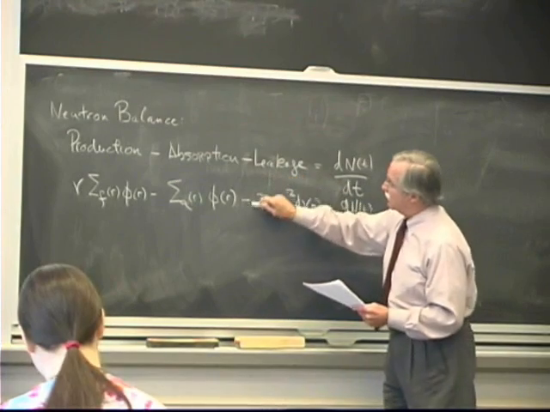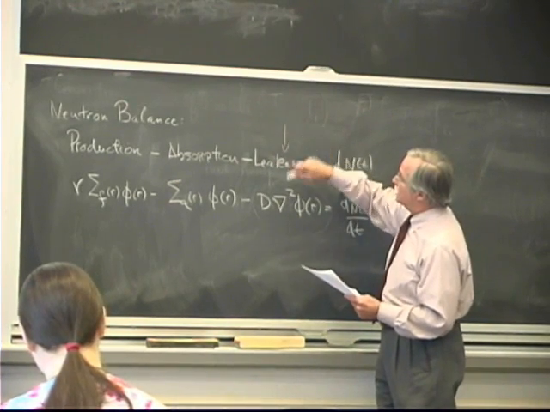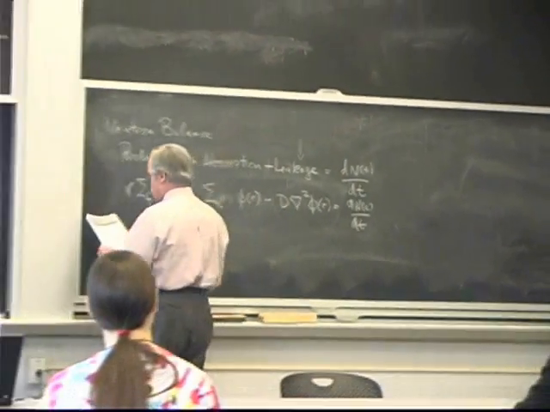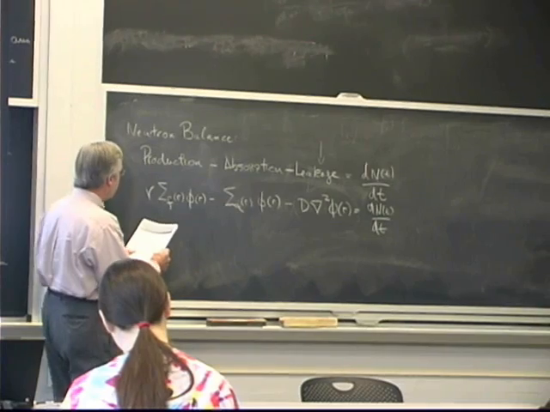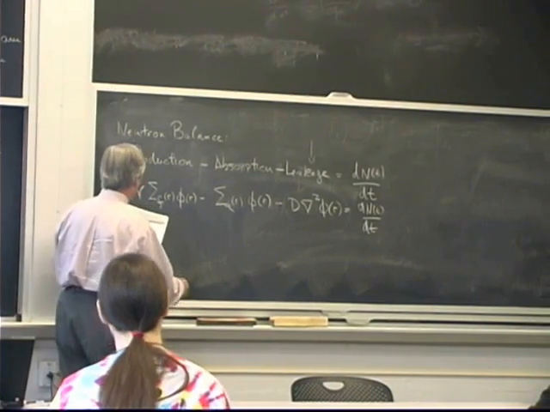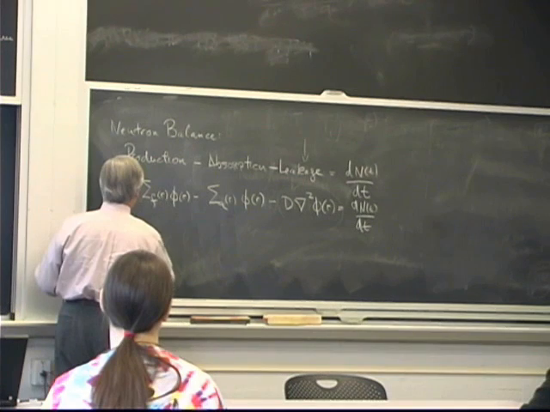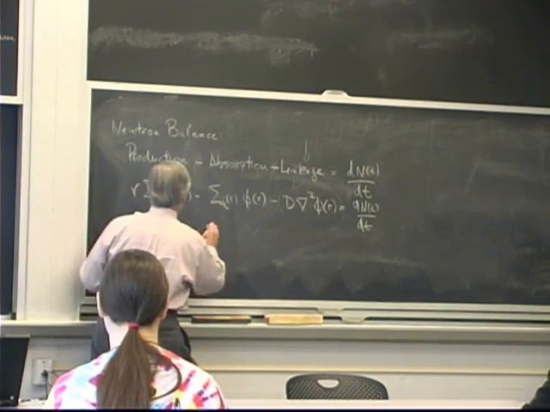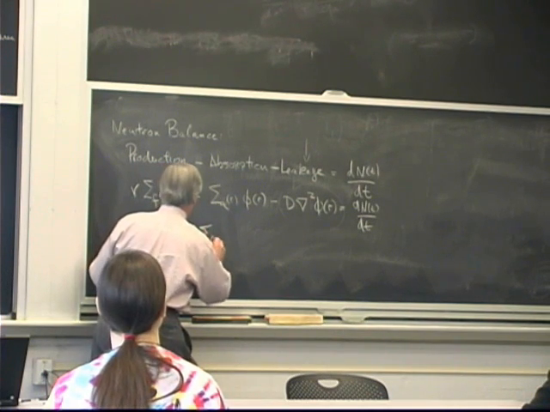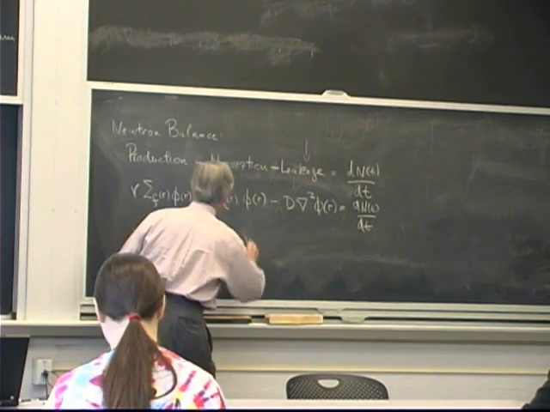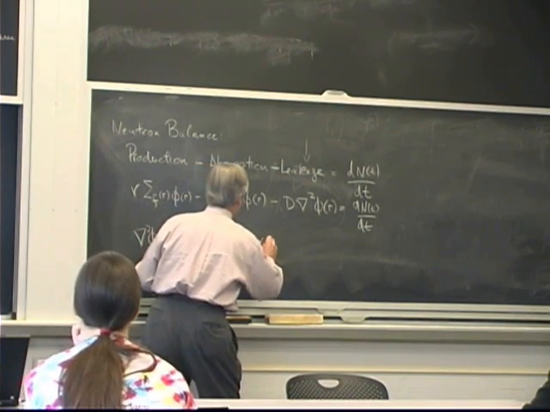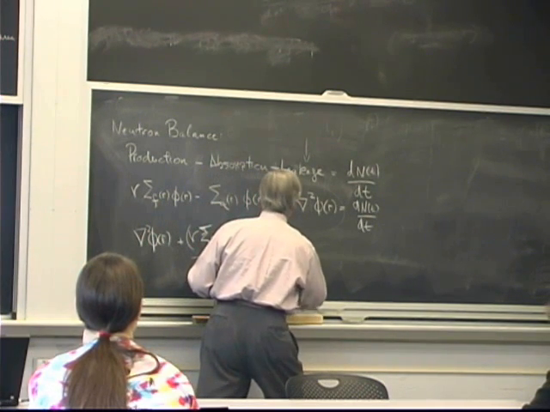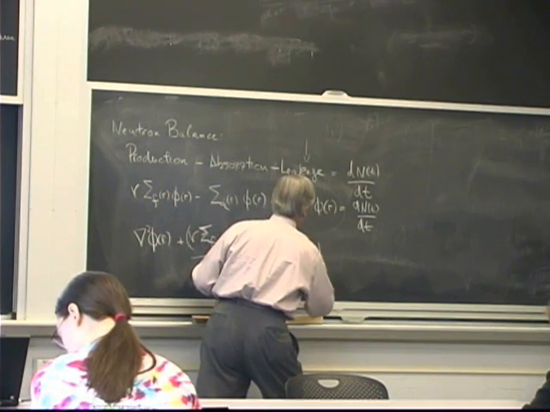If you go back and look at the one-group diffusion theory, you'll see that this breaks down to a leakage term. I don't want to take the class time to do this, but trust me, it works. If you rearrange this term, we write it this way: nu sigma f minus sigma a, times the flux, over D, equals dn/dt.